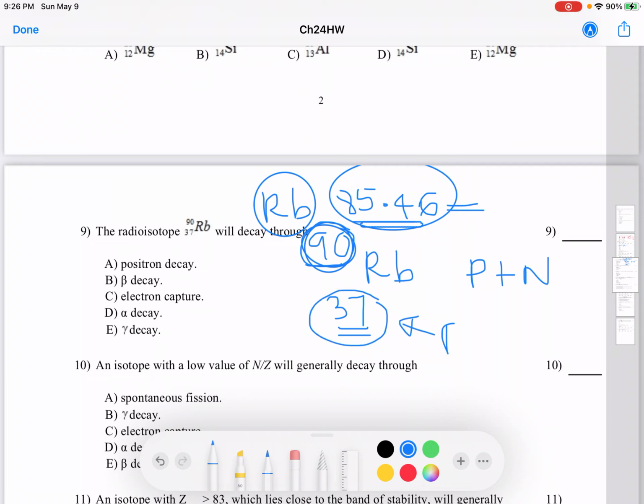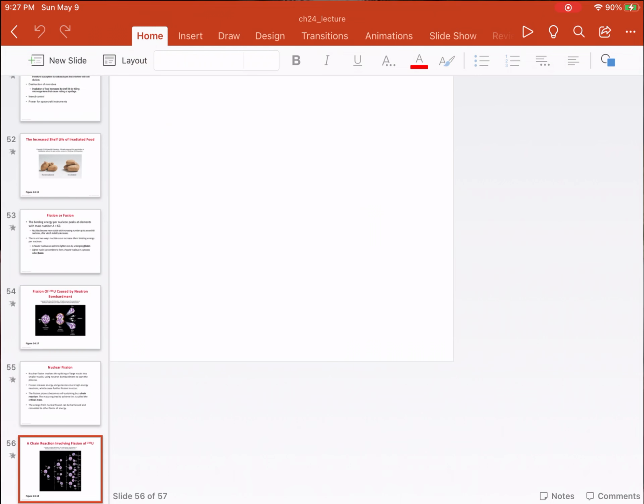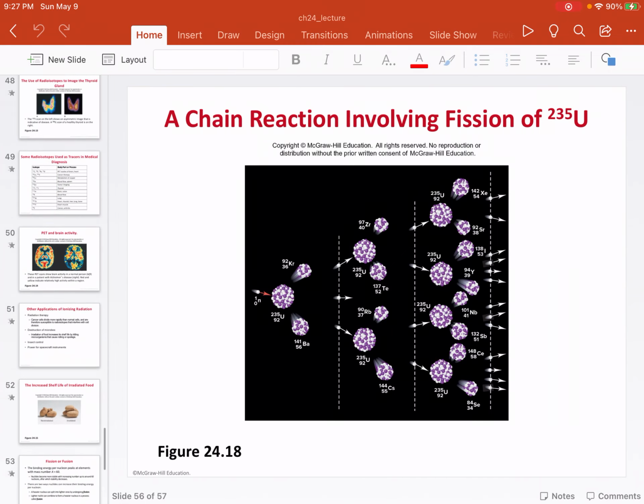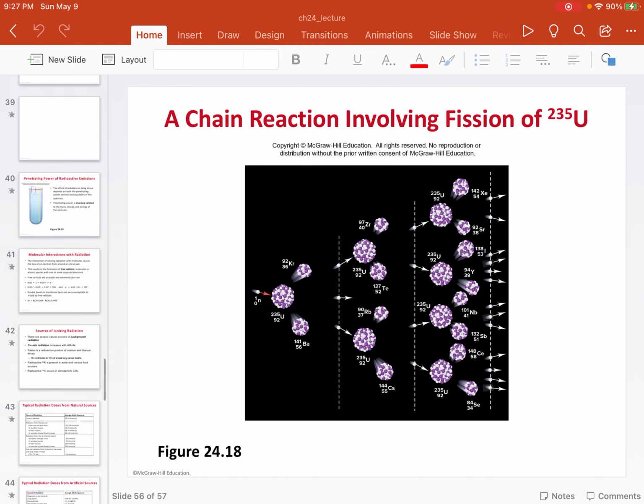It does not change. So 90 is higher than 85 because it has more neutrons. If the neutrons are rich, the isotope will decay through beta decay. And let me see if I can show you where we talked about that, so you know how to refer. Let me see.